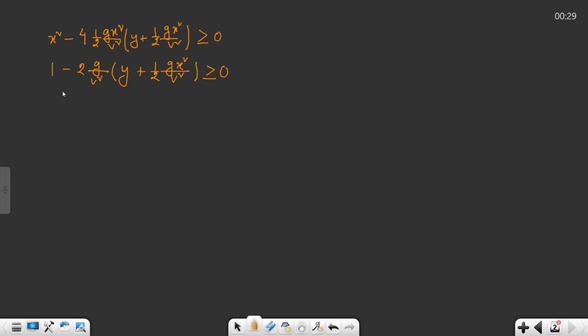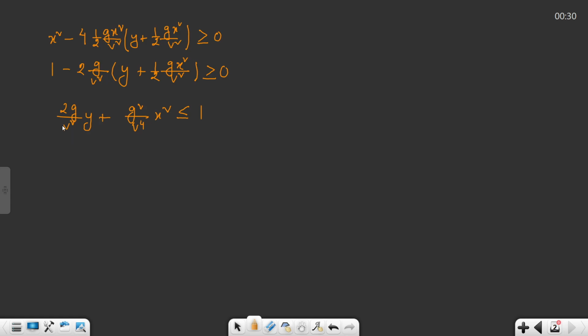Okay, now what we can do is 2g v squared y plus g squared divided by v to the power 4 x squared must be less than or equal to what? 1, right?